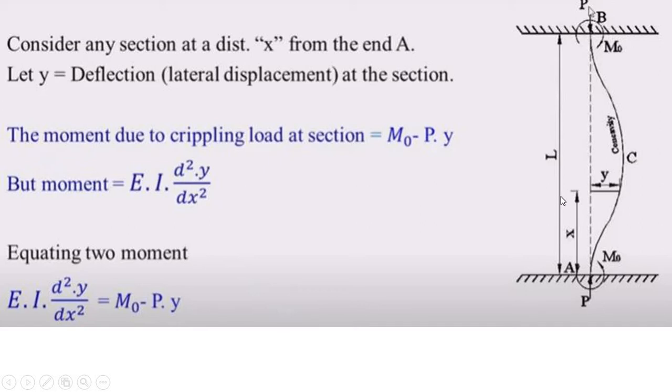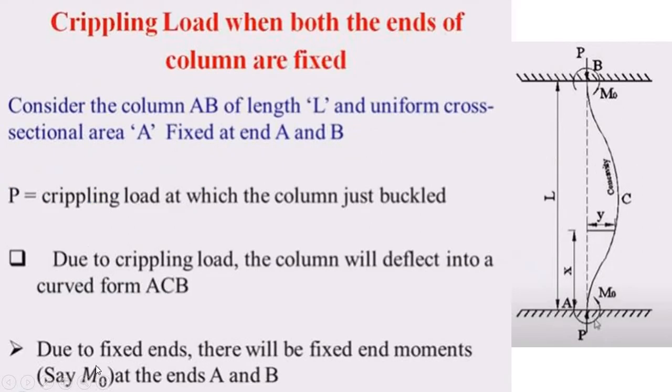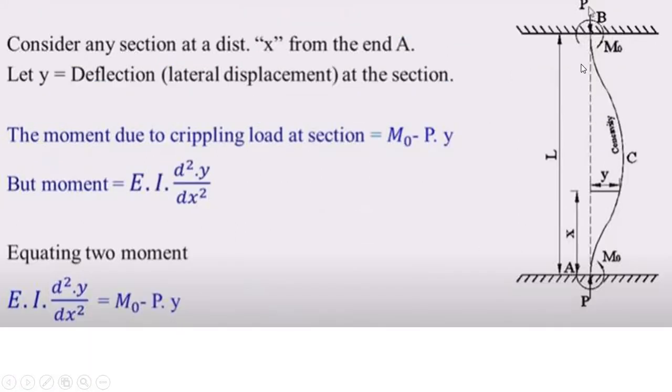So the total moment, here we are taking clockwise moment as positive and anti-clockwise moment as negative. So with respect to point B, two moments are acting. The first one is M0, that is the fixed end moment, so that you can see here, and the second one is the moment due to the force P acting at point B. That moment, as we know, is moment equal to force into perpendicular distance.